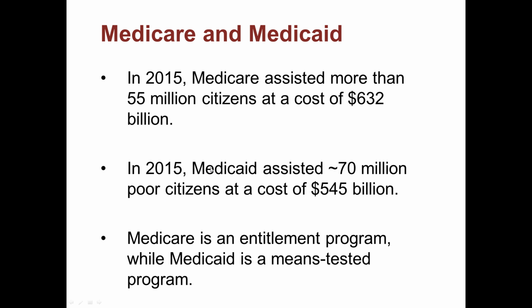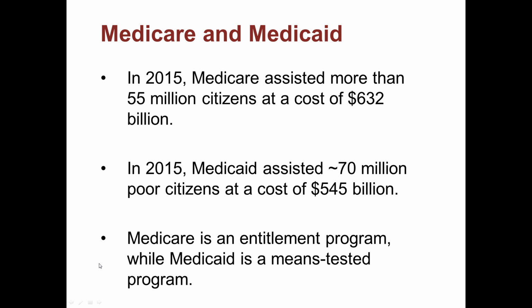In 2015, Medicaid covered around 70 million, and I believe Medicaid is the most used program in the federal government, if I'm not mistaken. There's no program that has more people on it than Medicaid. Its cost is also way up there, $545 billion. It has increased in recent years as more people have been shifted onto Medicaid as a result of the Affordable Care Act, which we'll talk about in a second. We've got an entire section to talk about that.